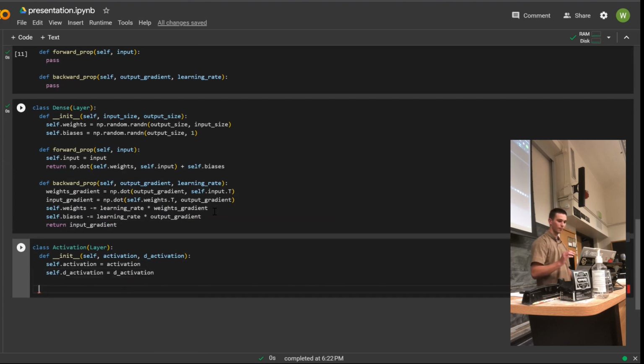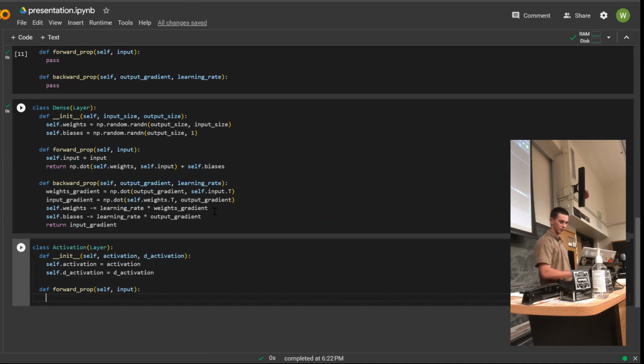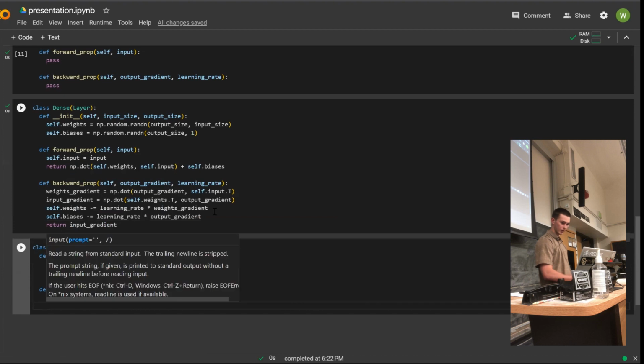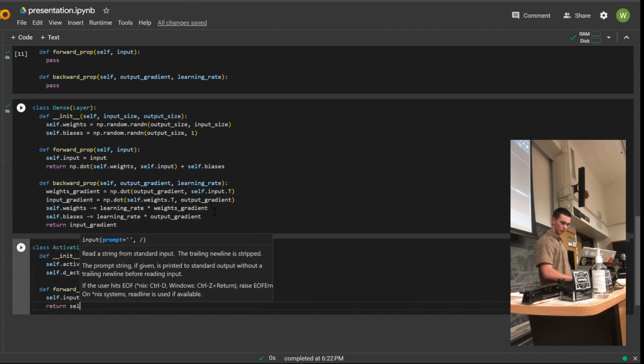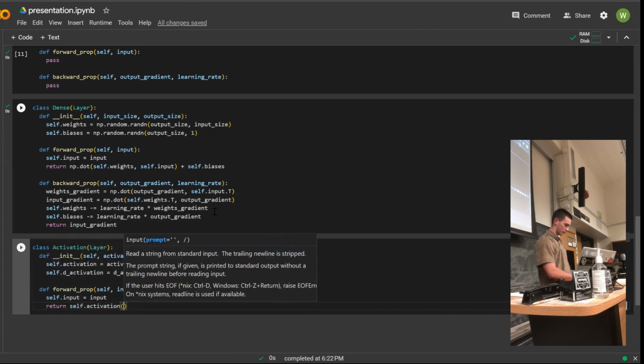And now we want to define our forward propagation function. Pretty simple one here. We just declare our input and we pass through the activation function of our input.